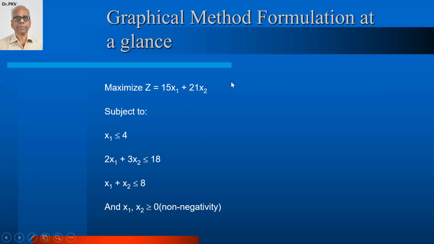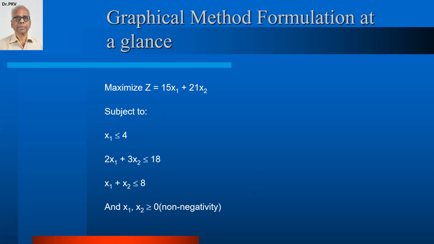So maximize the objective function or goal, Z is equal to 15x1 plus 21x2, subject to the constraints x1 less than or equal to 4, 2x1 plus 3x2 less than or equal to 18, x1 plus x2 less than or equal to 8, and x1 and x2 are greater than or equal to 0, the non-negativity constraint that is always an integral part of linear programming.